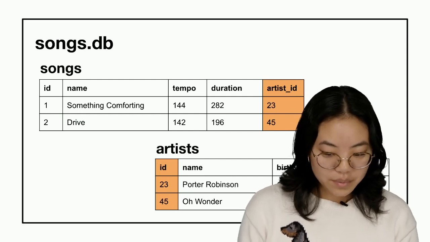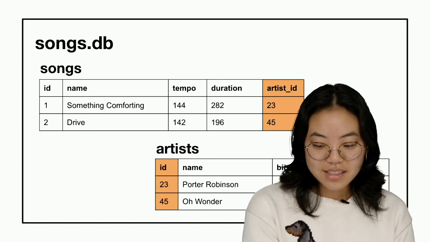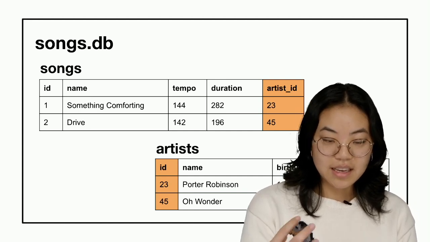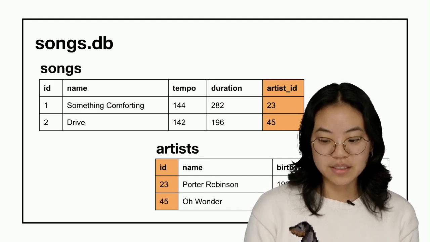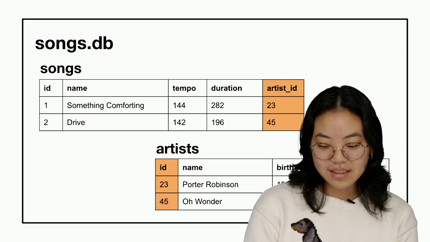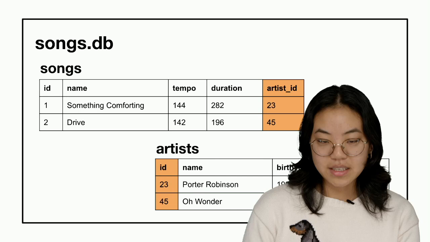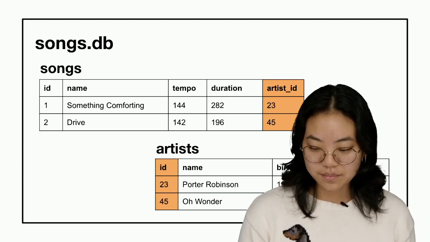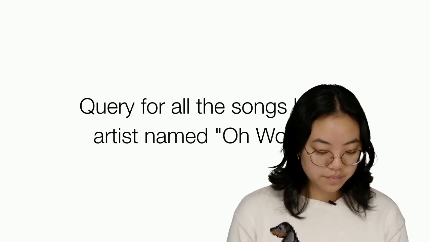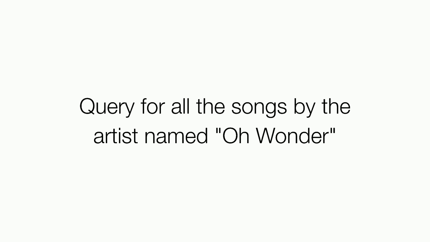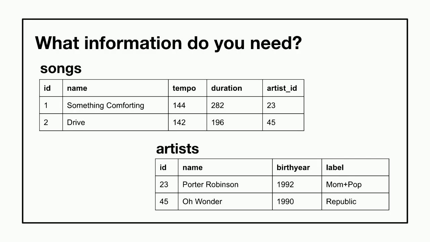As we remember, this artist ID column is the ID of each artist in the artists table, so it's referencing that value, and those things are the same. If I wanted to query for all the songs by the artist named Oh Wonder, what information would I need here?